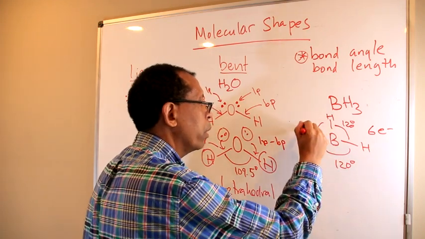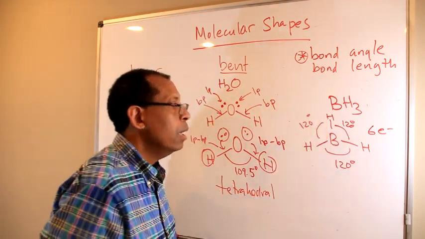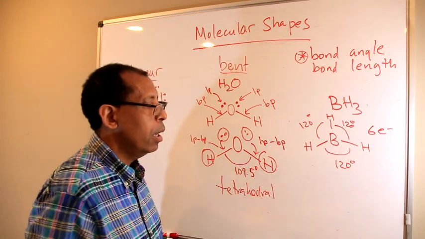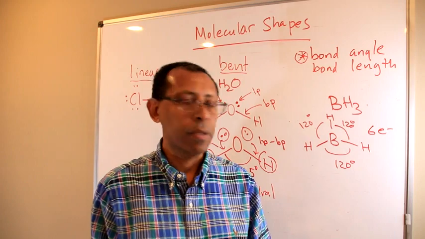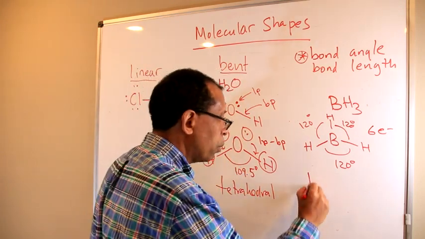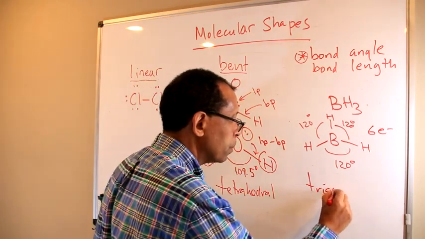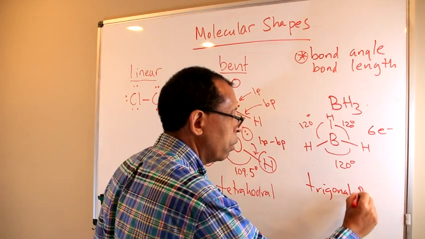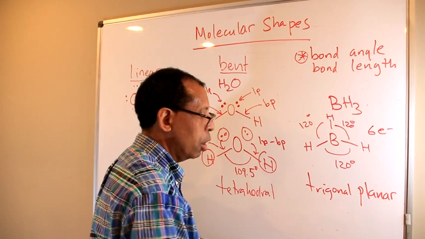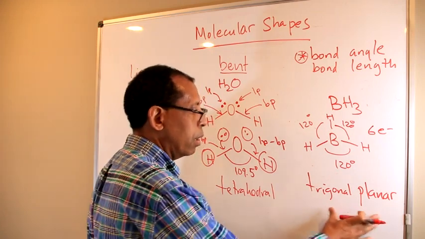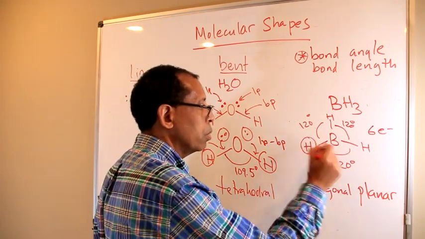This is 120 degrees. So this shape is a planar shape. That means it's flat on the surface. So this we call trigonal planar. If you remember your general chemistry, there are different molecular shapes. This is a trigonal planar shape. There are 3 groups attached to it.